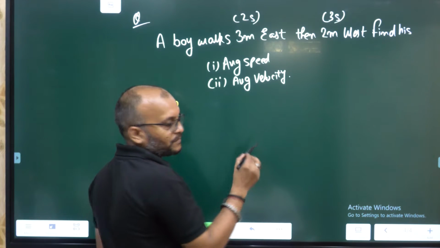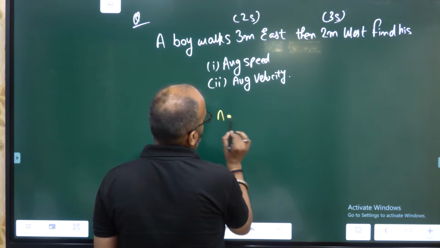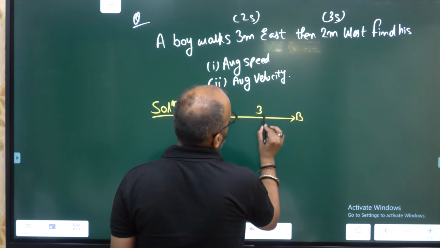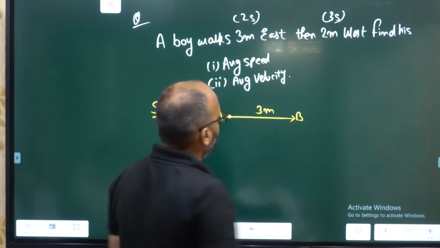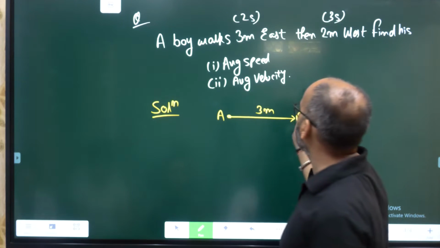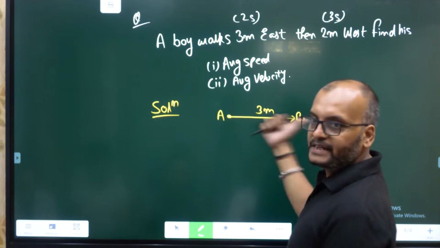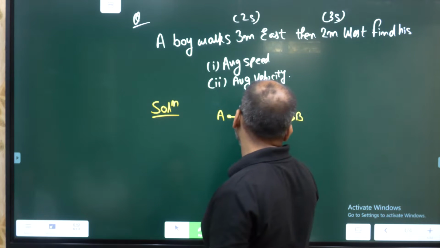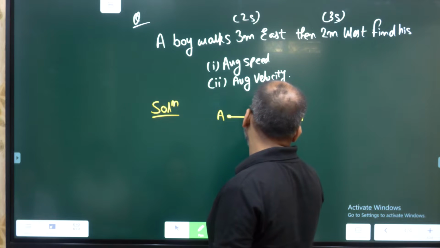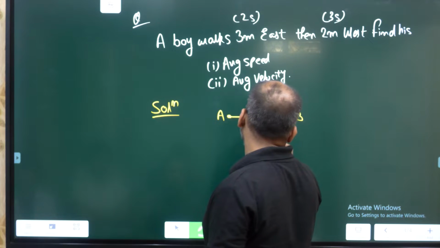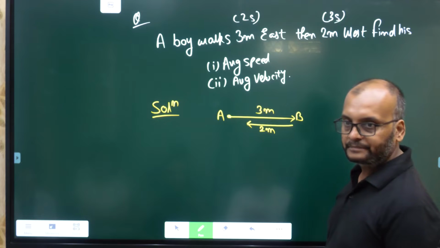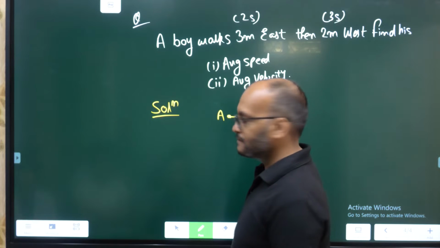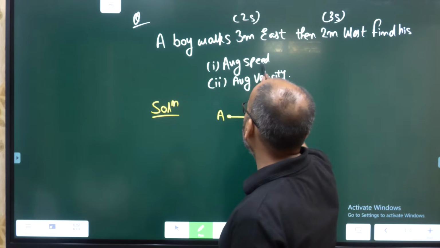So there is a boy and he goes, let's say from this point A, he is moving to some point called B and the distance covered is 3 meters. And then from B, he again moves west. See, this is east, east means towards right. West means towards left. So I need to find average speed.